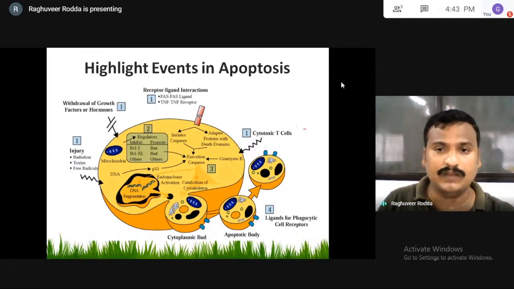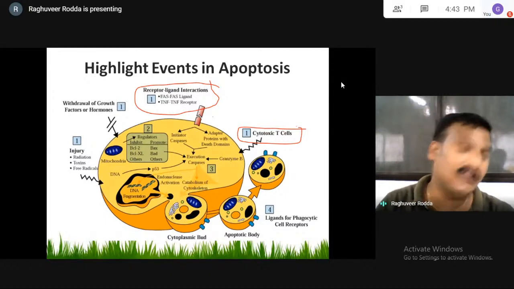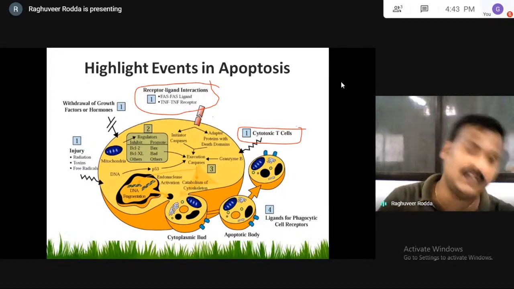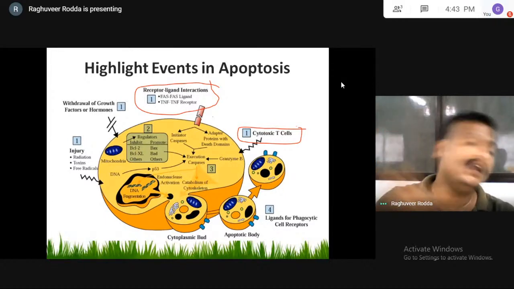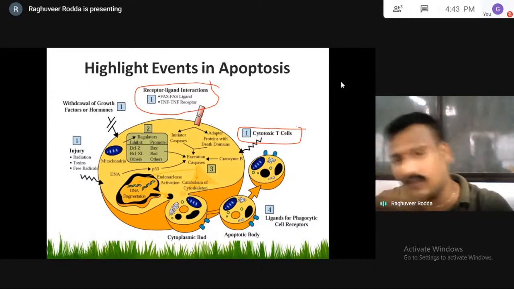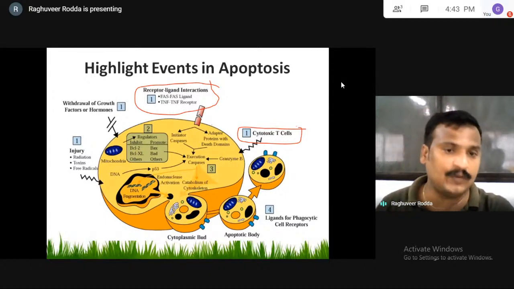So there will be involvement of some immunological cells, like cytotoxic cells, and a presence of receptor-ligand interactions, which send digestive enzymes and hormonal substances into the cell. These react with the nucleus and with DNA to produce specific RNAs, to produce a specific group of protein molecules, which initiate the apoptotic process.